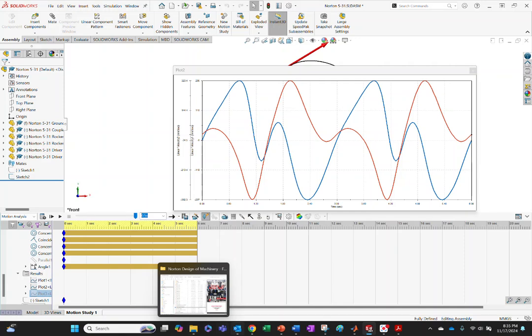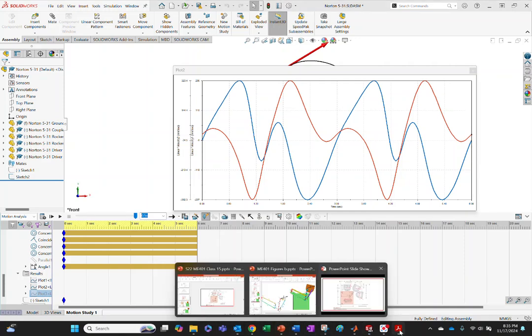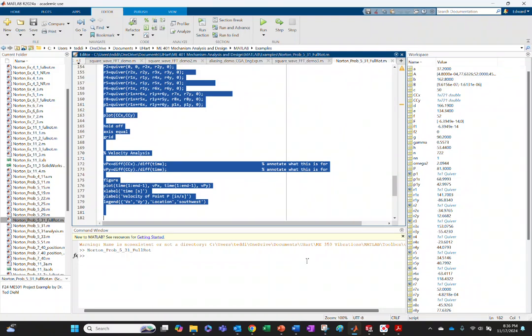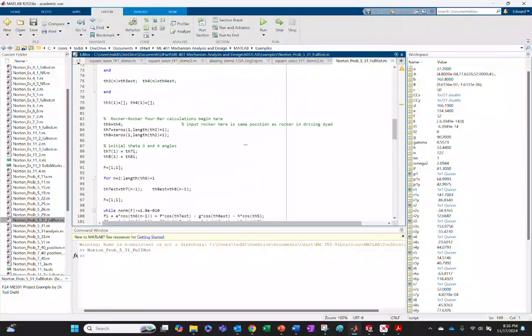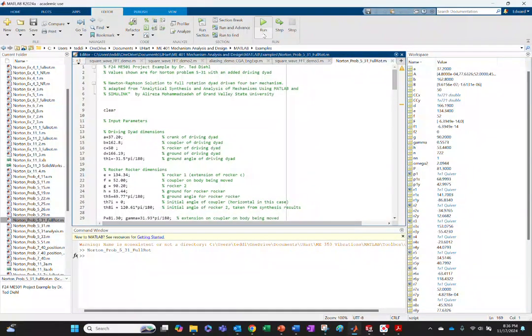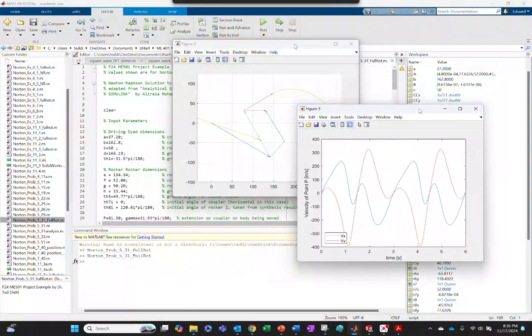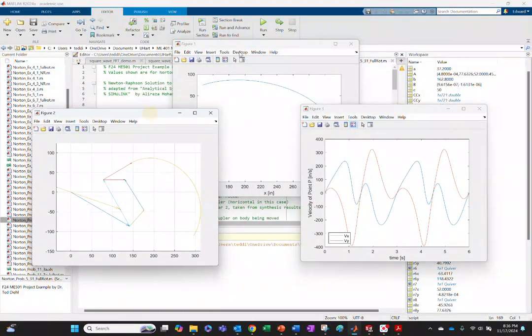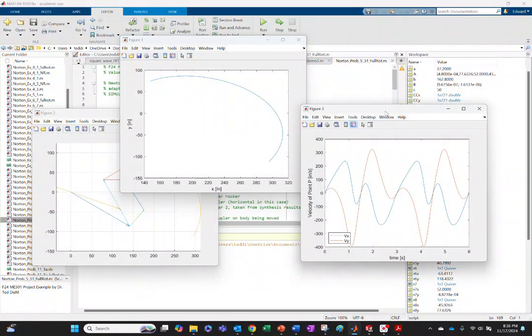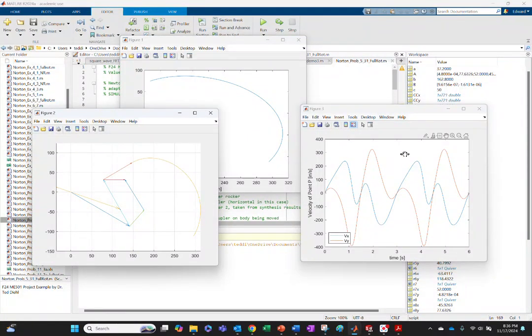So let me go back to my MATLAB, so here's the MATLAB right here, and I'll hit go, and you can see that we've produced an arc, a trace of the thing, and here's also the velocity.